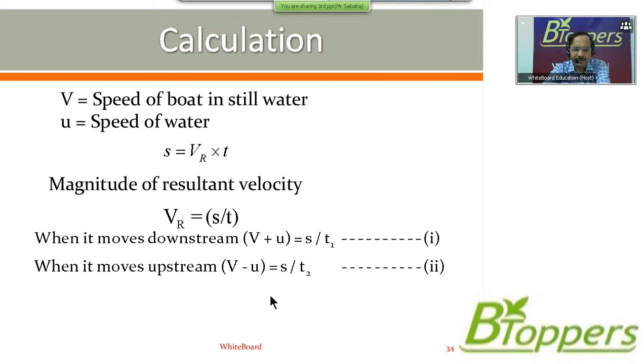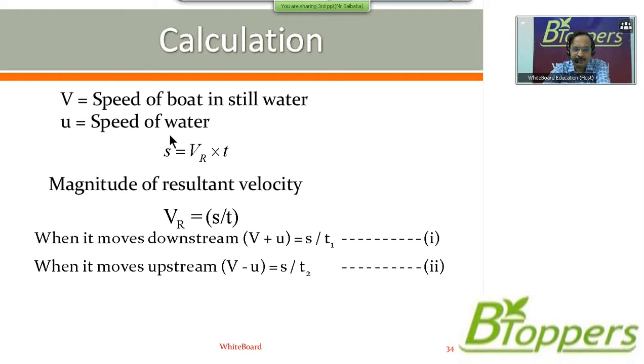The third case, that is to find the time taken to travel same distance downstream by a floating body. You have to find the value of U, because a floating body travels with the speed of water.